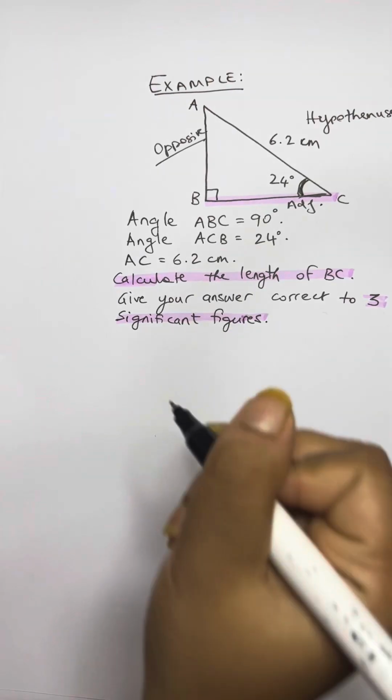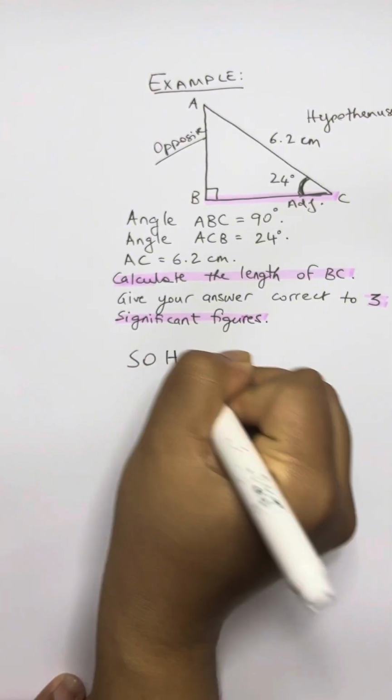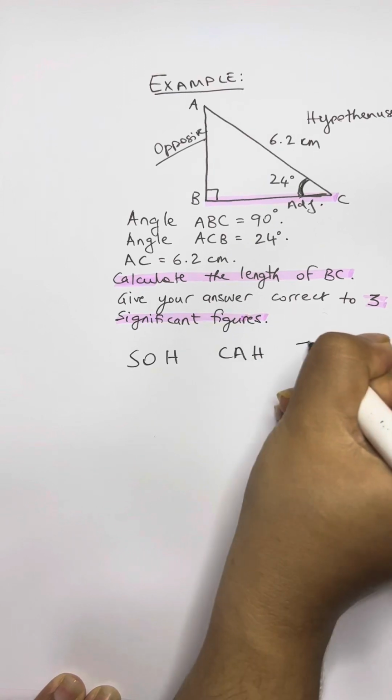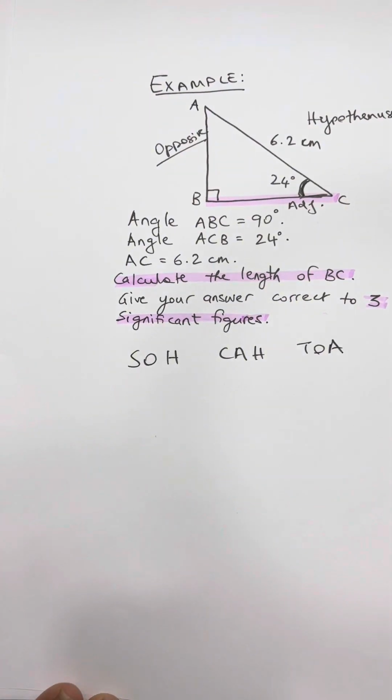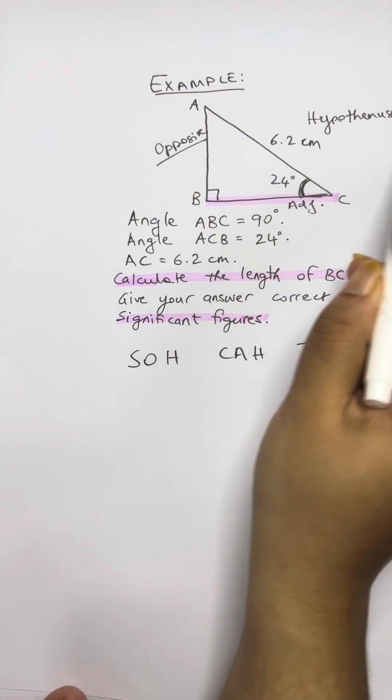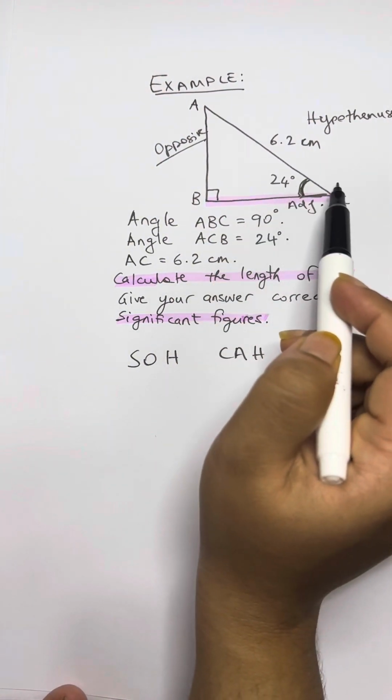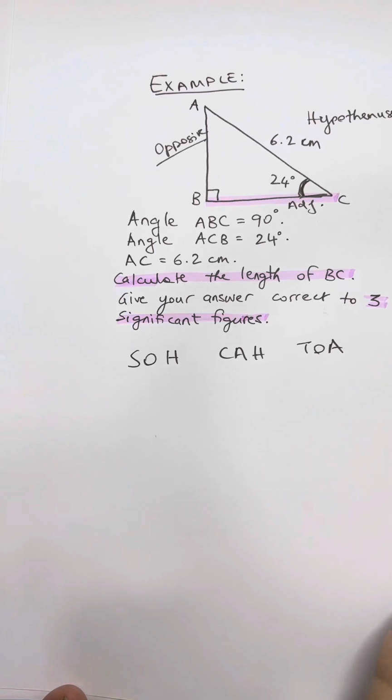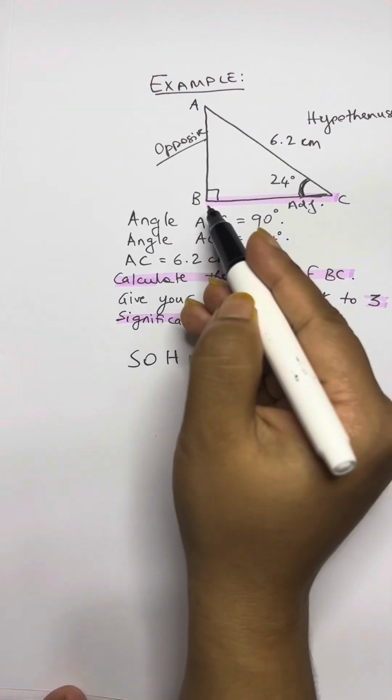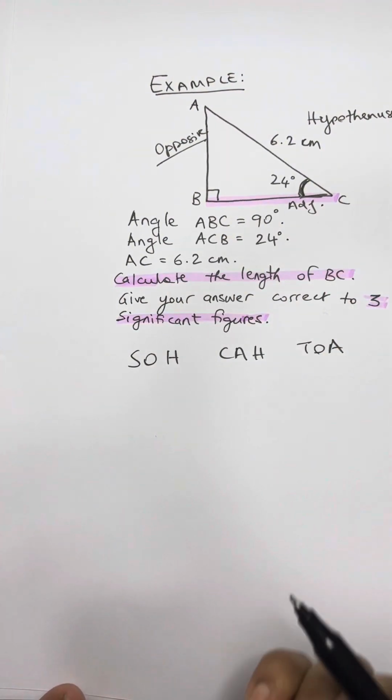Which one of SOH CAH TOA can I use to find this? I know that I need to use trigonometry because I have a side given and I also have an angle given. So I need to use trigonometry to find the missing side, which is our adjacent.